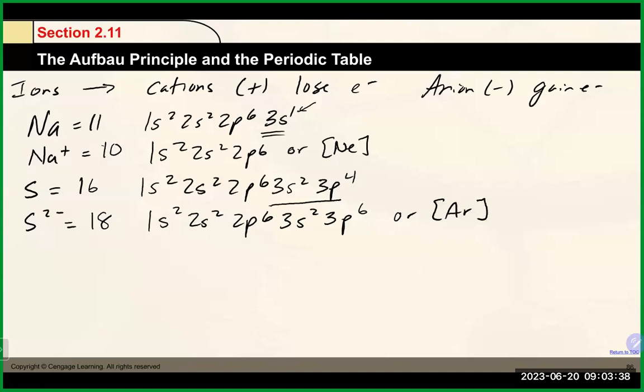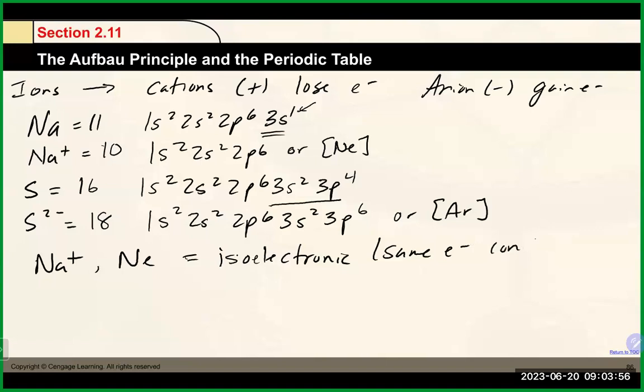Now, when we look at sodium with a +1 charge and neon, they have the same electron configuration. They are said to be isoelectronic with each other. And if we look at sulfur with a -2 charge and argon, they also are isoelectronic with each other.